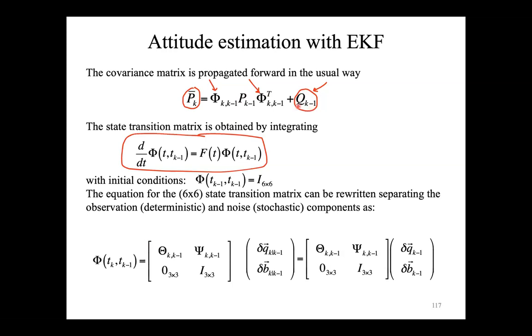That's the reason why this represents a little bit more complicated problem, because as you can imagine, you are not able to propagate the errors associated to the gyroscope by only using the transition matrix.